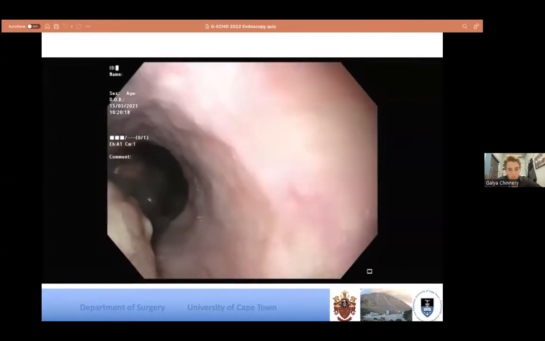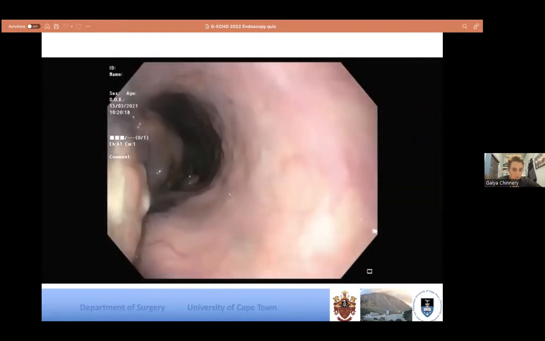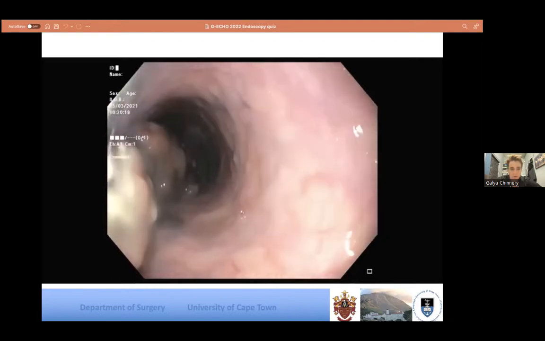Okay, so there you have it. Rather large, nasty looking in the mid esophagus.